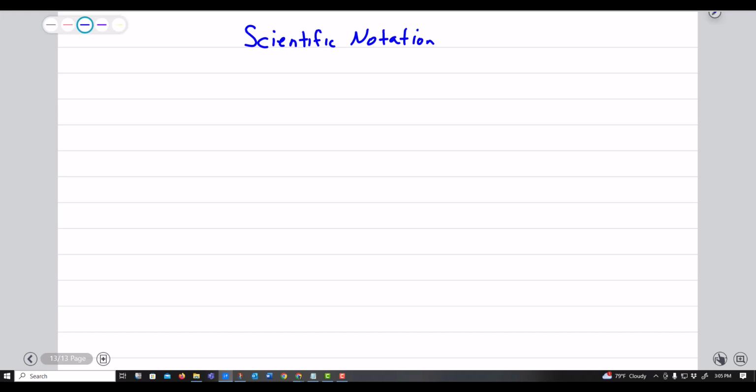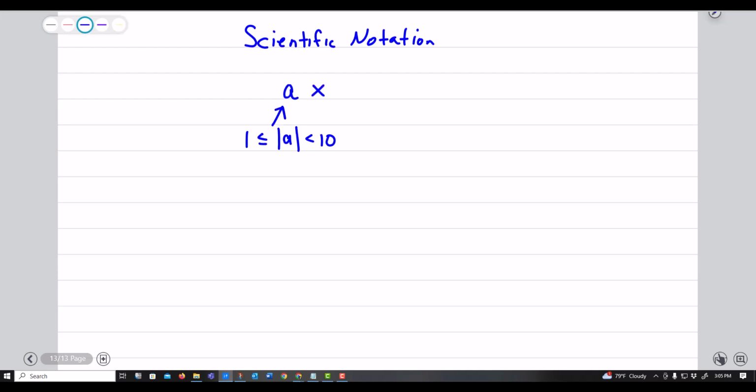And how you will see these written is with a number here. This number must be between 1, absolute value, a positive value, and 10. And it cannot include 10.